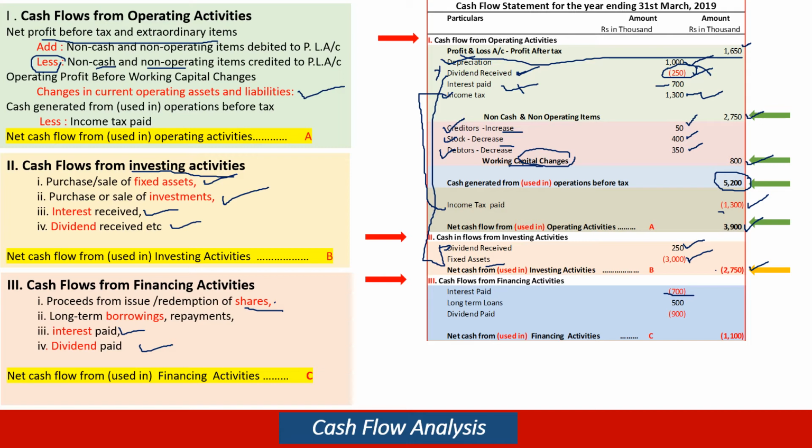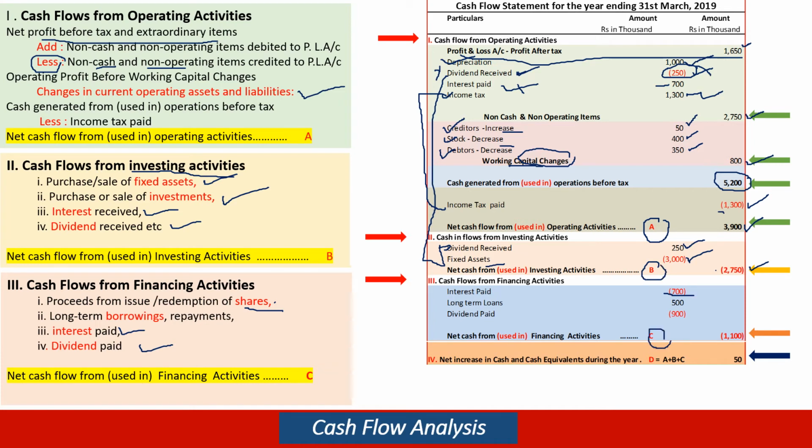Now, here dividend paid, we are showing it as an indication, but we have not shown it here on the top. This is just an illustration as to how the three components will be made of. We total the three, find out, and then go ahead. And if you add this from operations, from investing, and from financing, this is the net change in the cash flow.